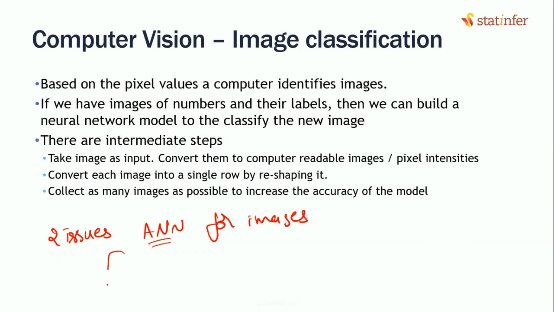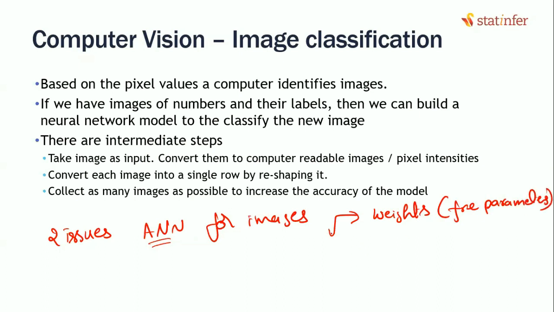But if you take really large images, 1 megapixel image, or even 200 by 200, then ANNs have two major issues. Issue number one is the number of free parameters or the number of weights. These weights are also known as parameters. The weights, free parameters, are the parameters that we need to find out.